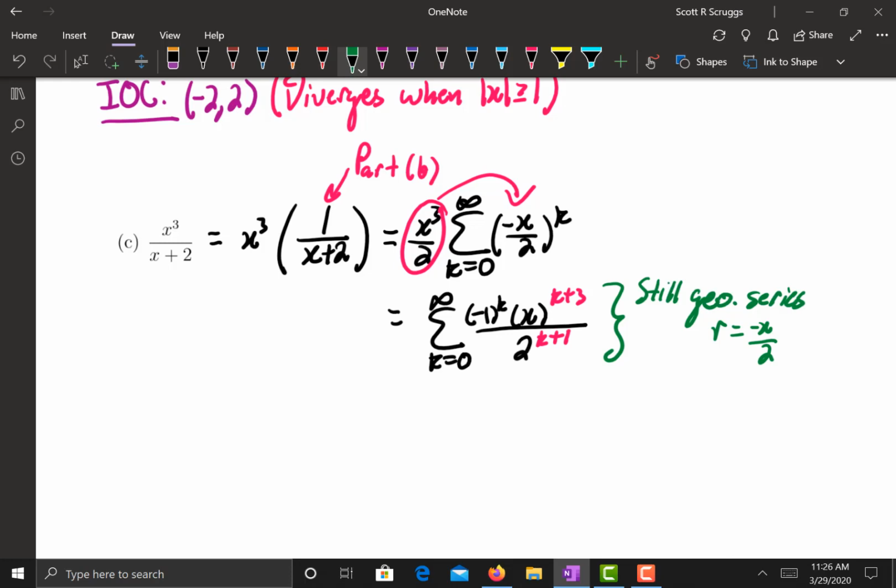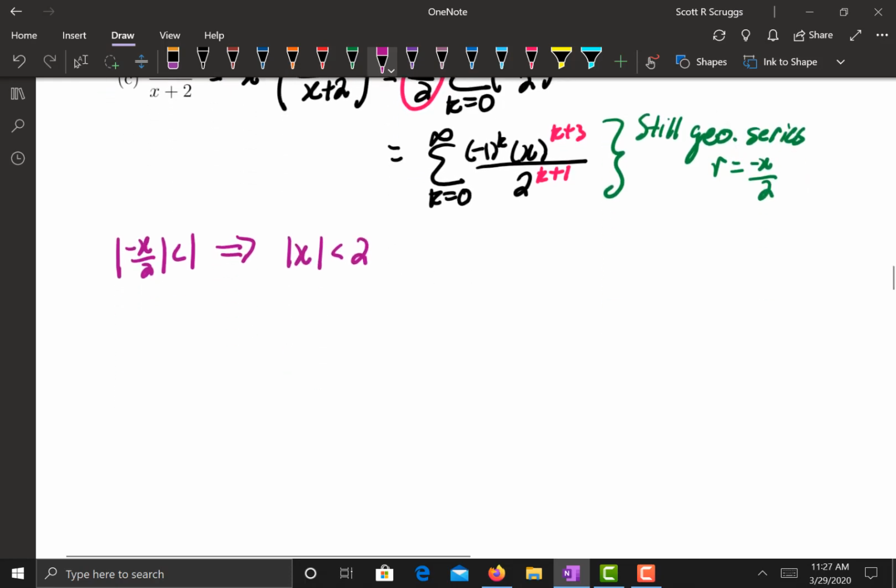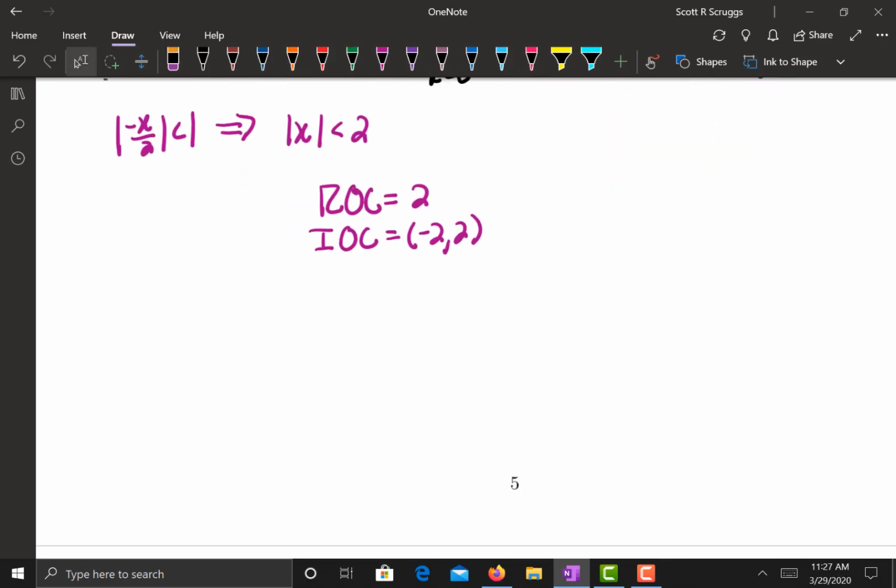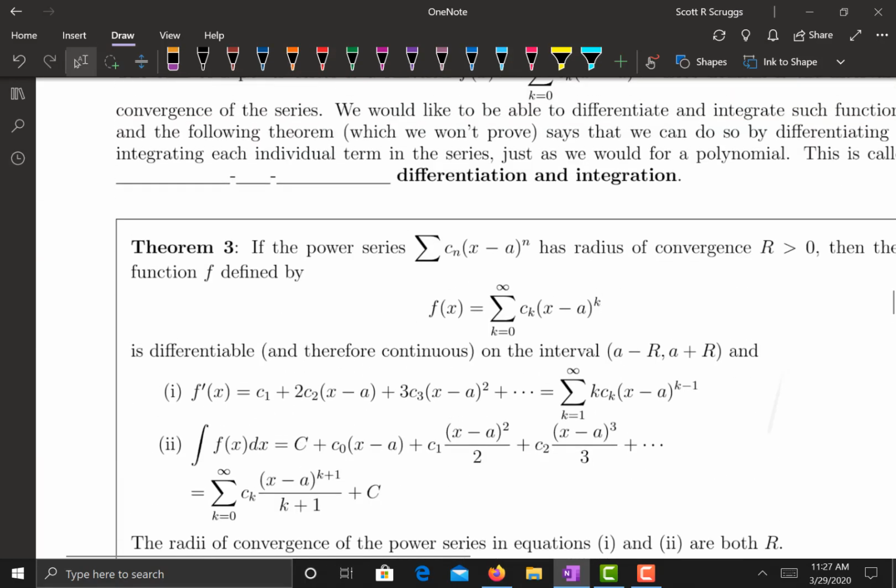And so because of that, I still have the same criteria of when I have convergence or divergence. So in this example, my radius of convergence is still 2, and my interval of convergence is still -2 to 2, not including the endpoints. And so that's how we combine.